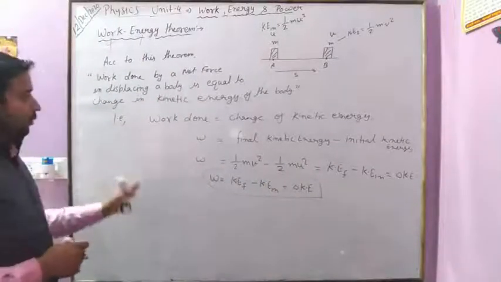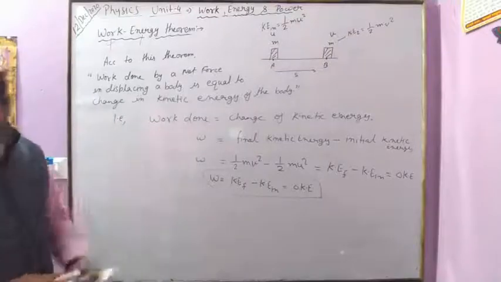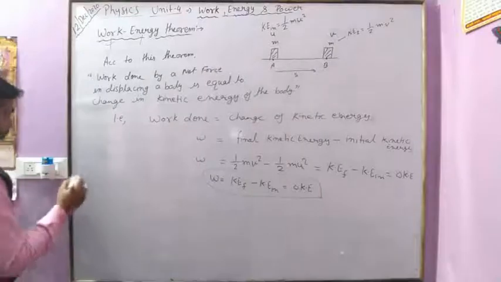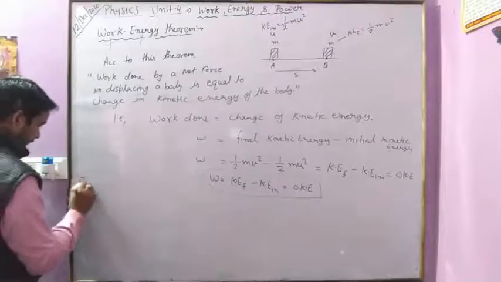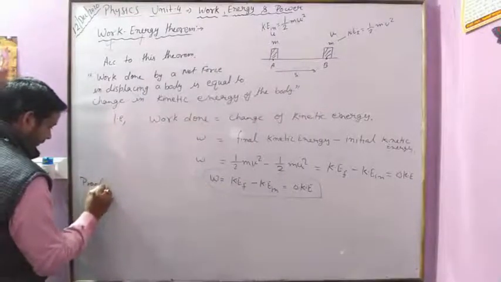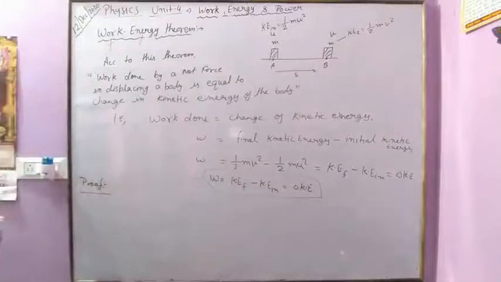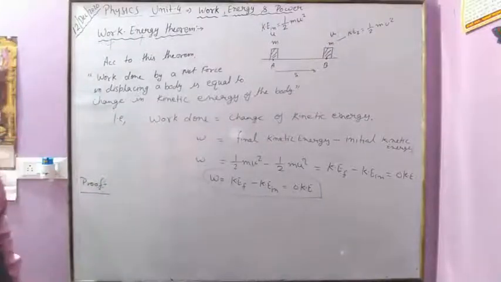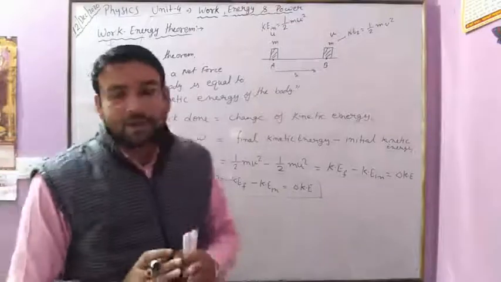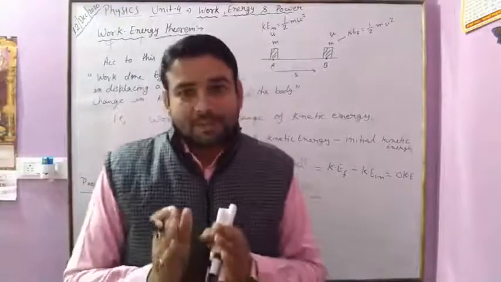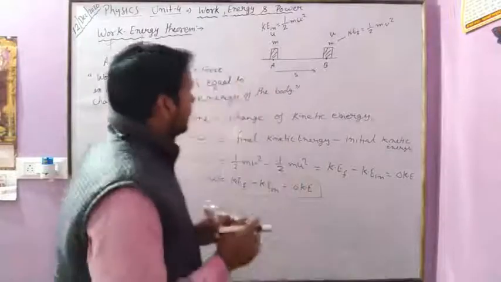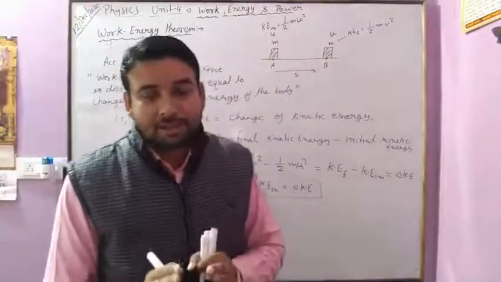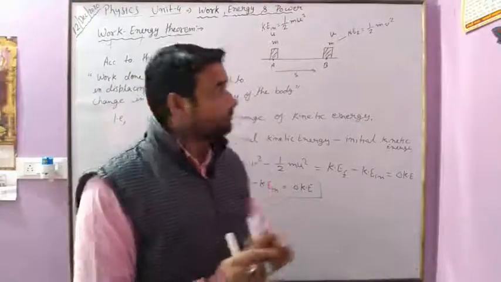Now we need to prove it, how it can be derived. Okay, now proof. Proof of the work energy theorem. Now for proving the work energy theorem, let's consider an object of mass m initially at rest with velocity u.